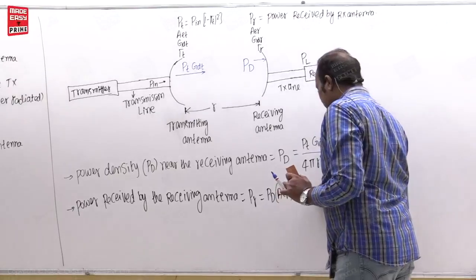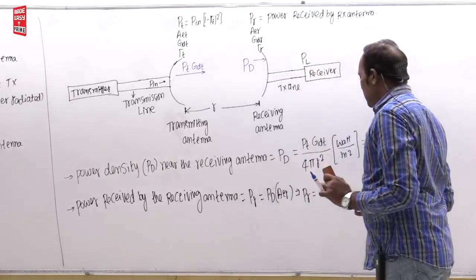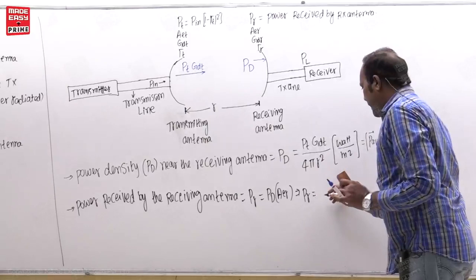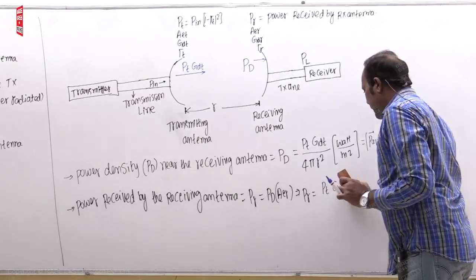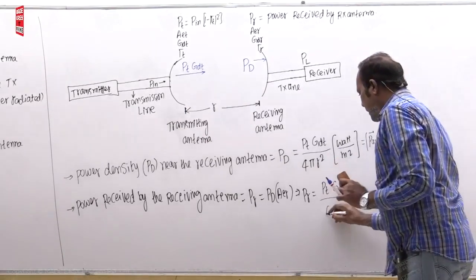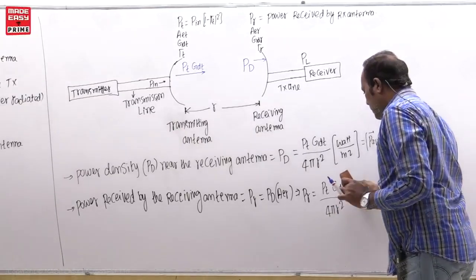That implies power received is equal to the power density, PT GDT divided by 4 pi r square.